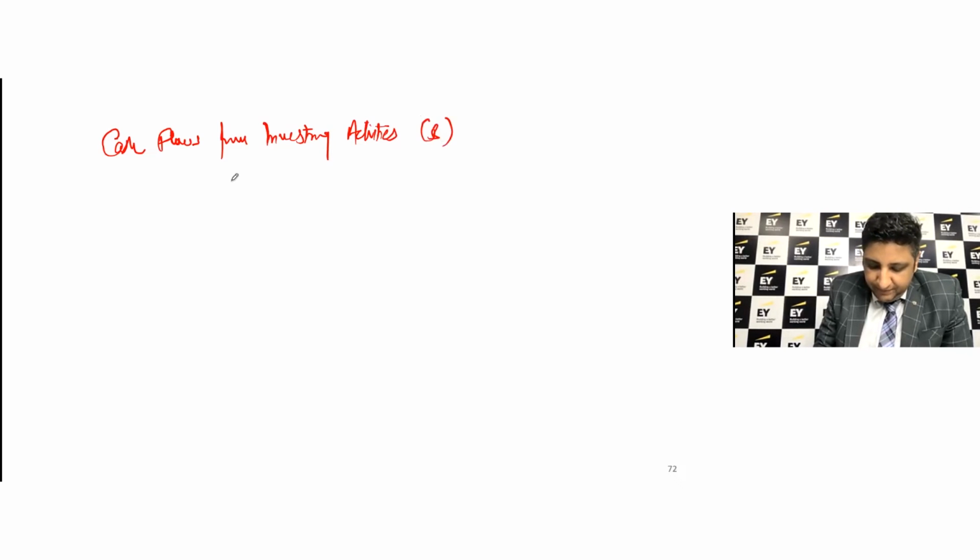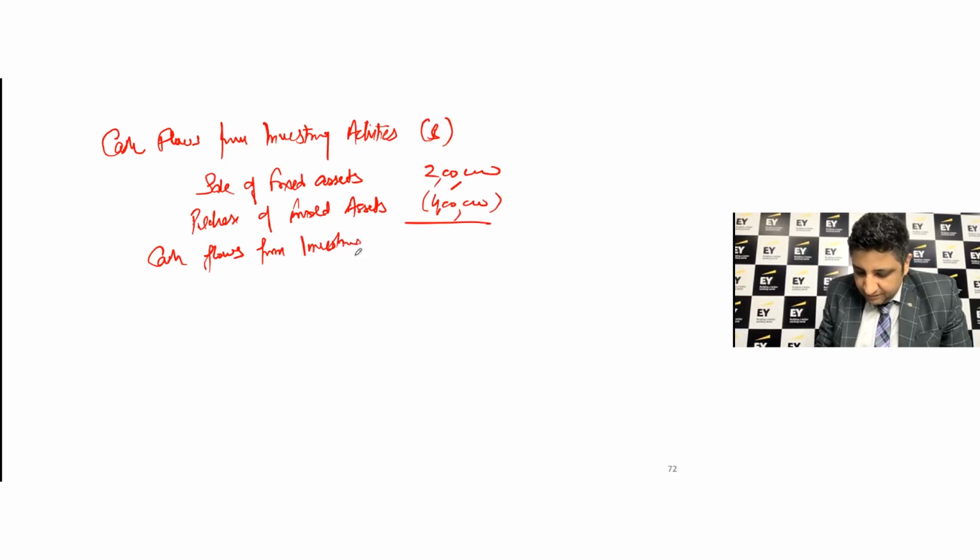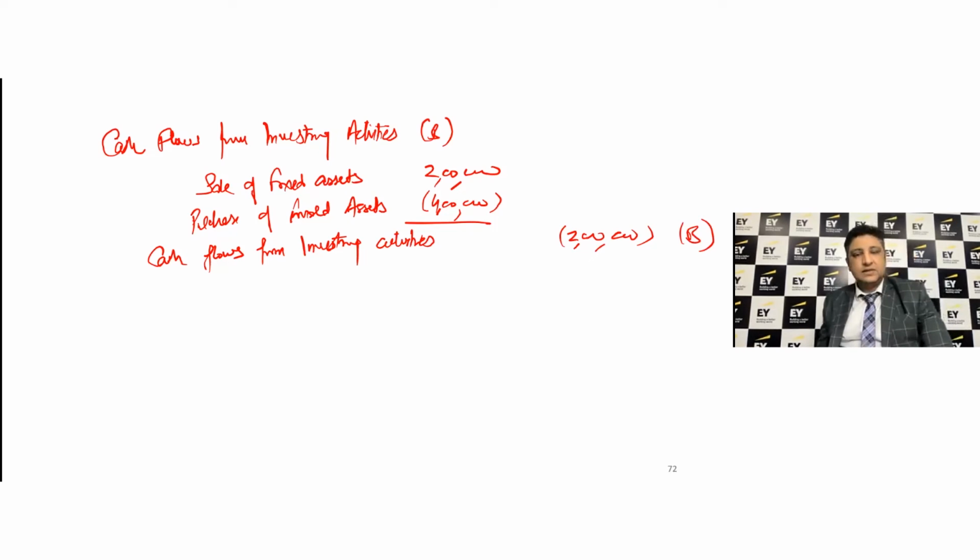Let's call it B. So we're saying sale of fixed assets, which is an inflow of 2 lakh, and then there's also a purchase of fixed assets, which is an outflow of 4 lakh, which means that the net cash flows from investing activities will be minus 2 lakh. That amount is referred to as B.